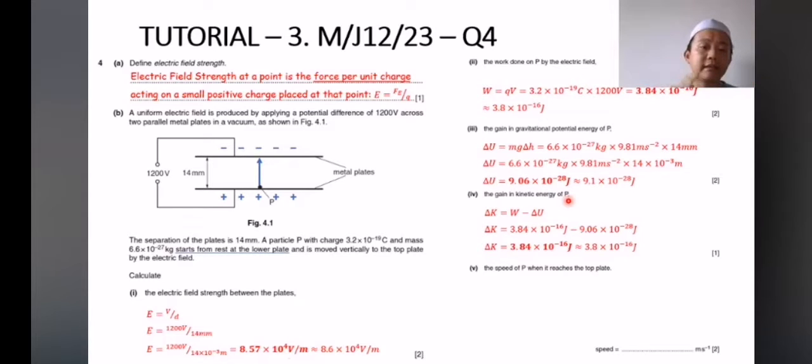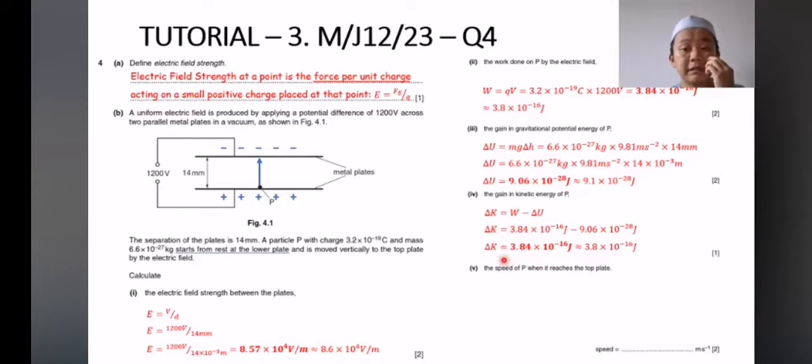Main daripada bawah pergi ke atas, so dia nak naik ke atas tu, so dia akan gain potential energy kat situ. So the work done tu dia termasuklah dengan kinetic energy and potential energy kat situ. So kalau ikutkan dia punya gain in potential energy tu sangat sikit lah kan, kalau bandingkan dengan dia punya kinetic energy.